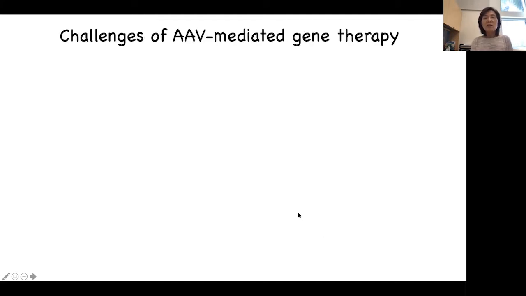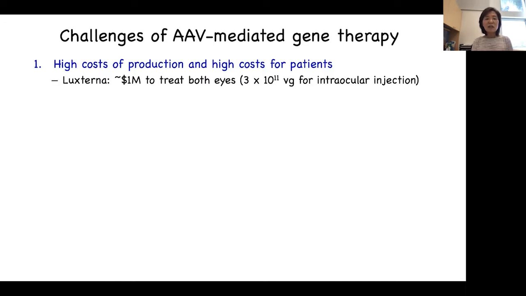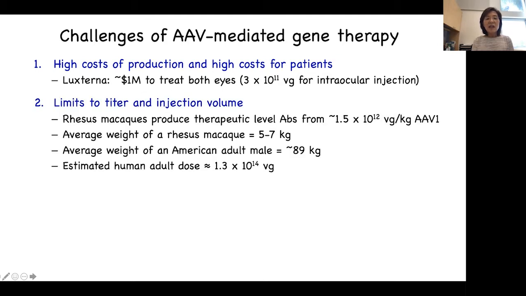So, okay, AAV is one of the best viral gene therapy vectors, but there are still challenges. What are the challenges? First, the cost of production is prohibitively high. Luxturna costs $1 million to treat both eyes. And the purified vector titer we can get, considering the small injection volume, is sometimes prohibitive.